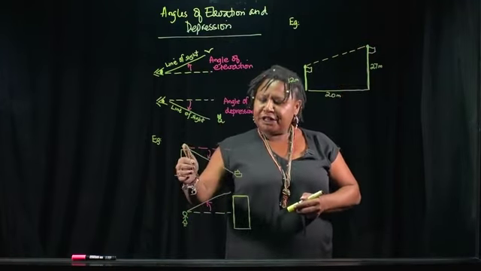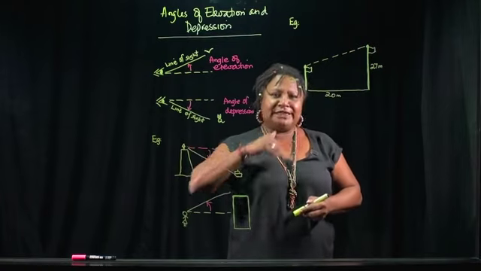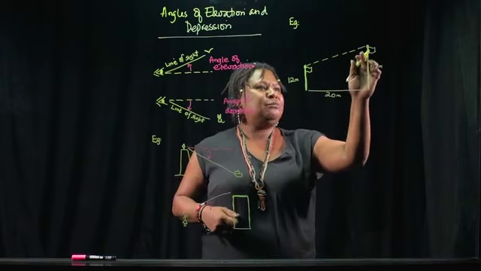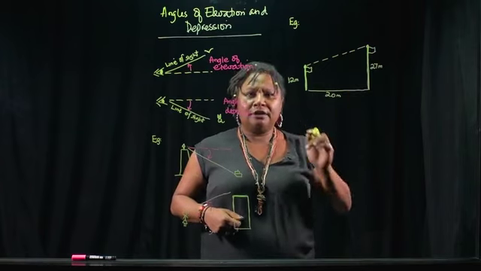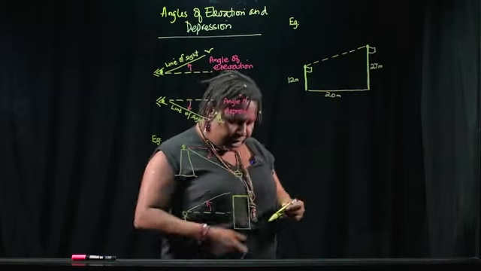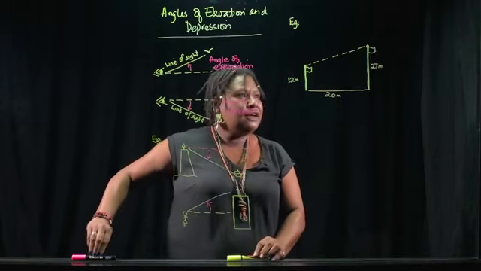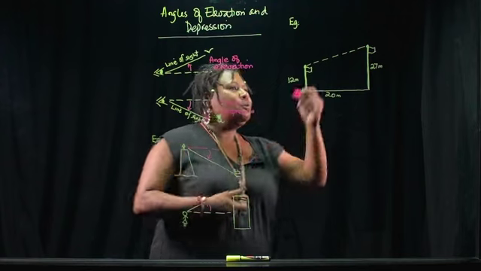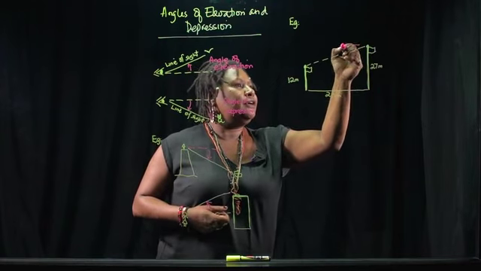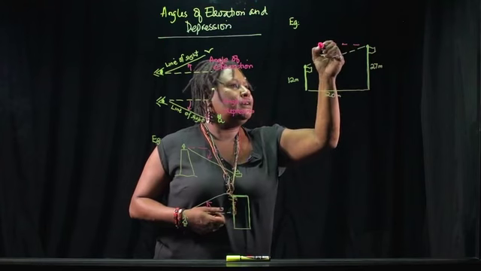Angle of depression is formed when you are looking down at something, so this can't be the angle of depression. We are going to have to draw in another horizontal line to help us put in our angle of depression.